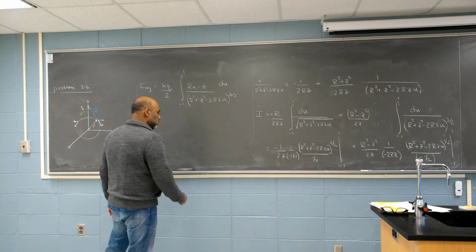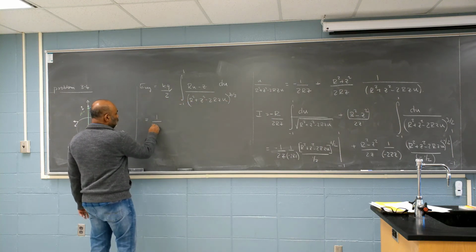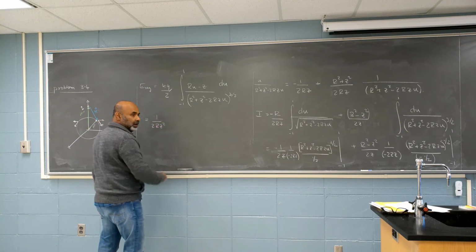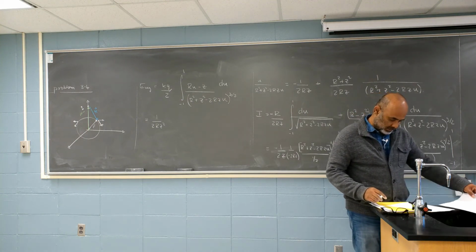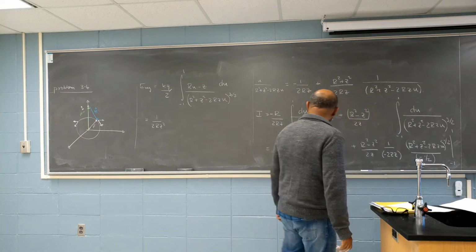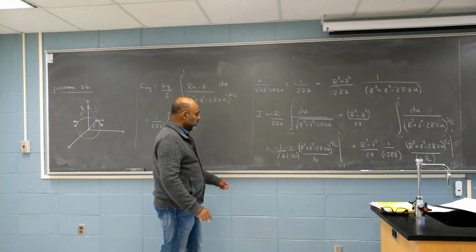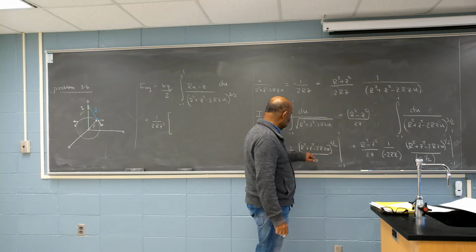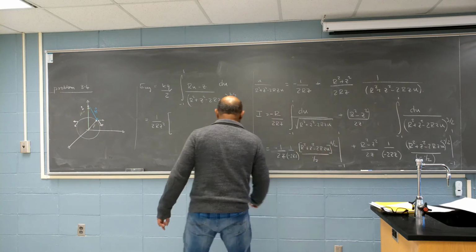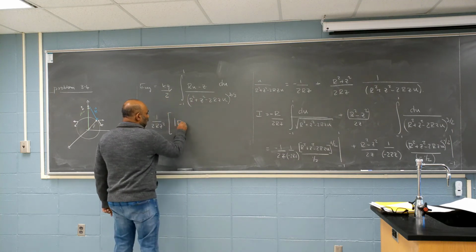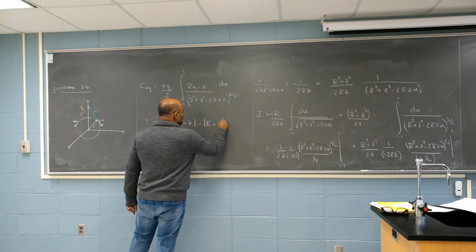So what do I get? 1 over 2r z squared, if u is 1, its absolute value of r minus z minus r plus z.